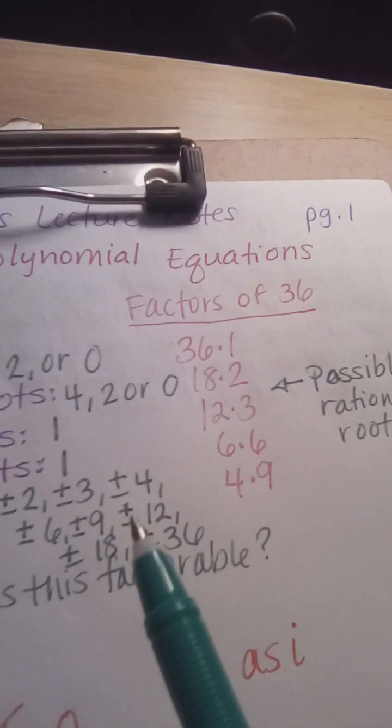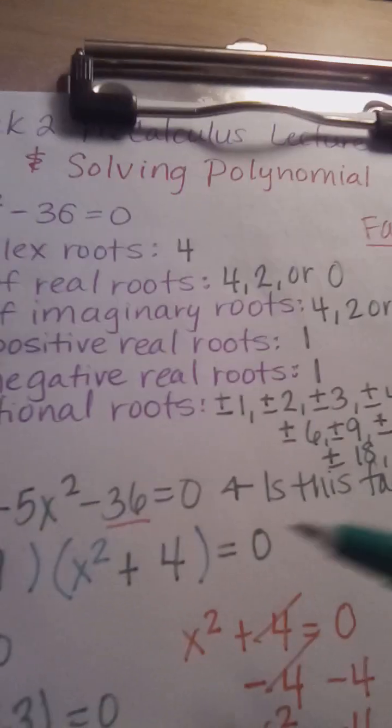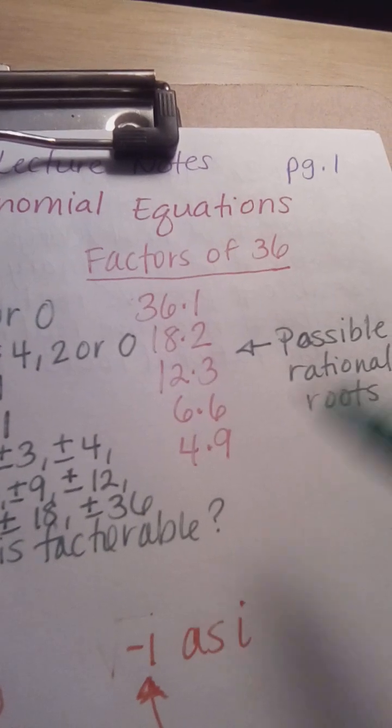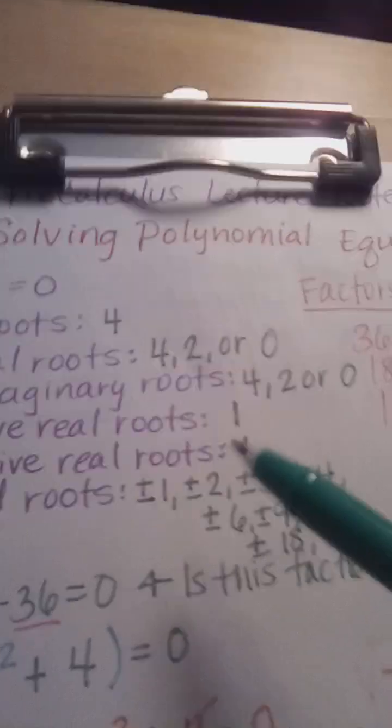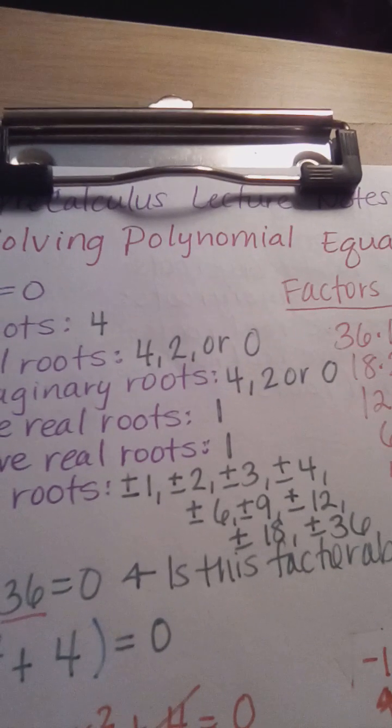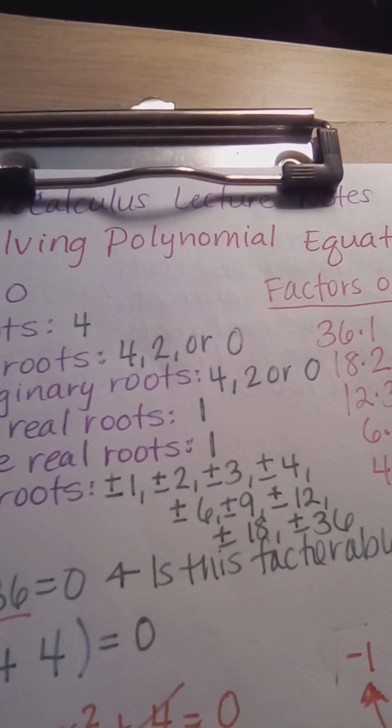This will help save a lot of work. That's why I ask what the factors are of 36 or whatever number. And that's the answer for that. Any questions on that part?